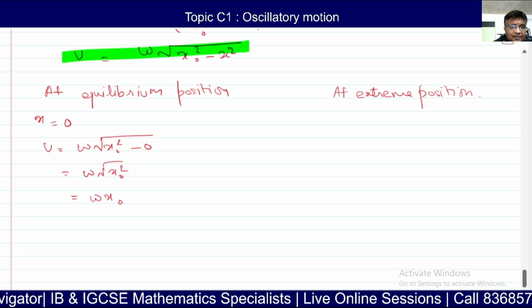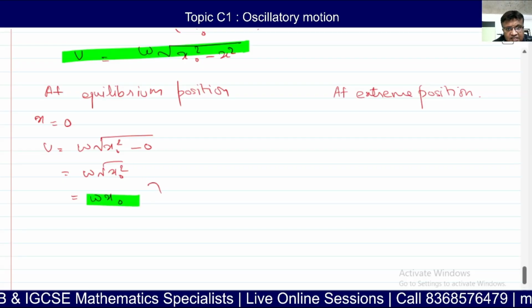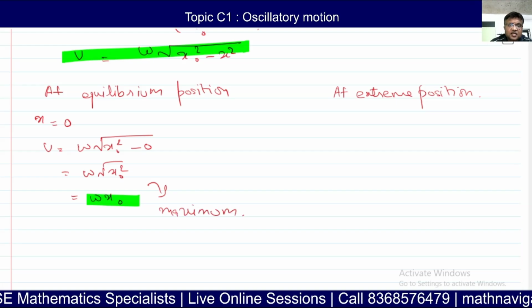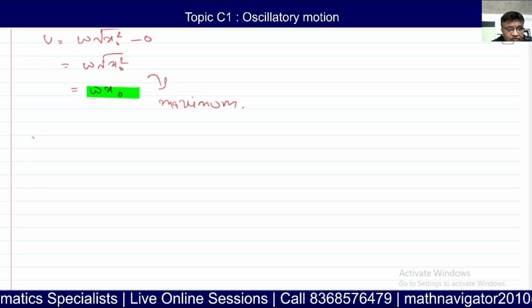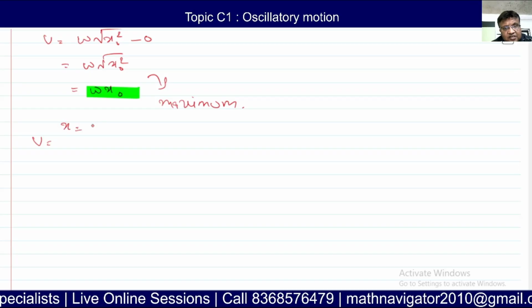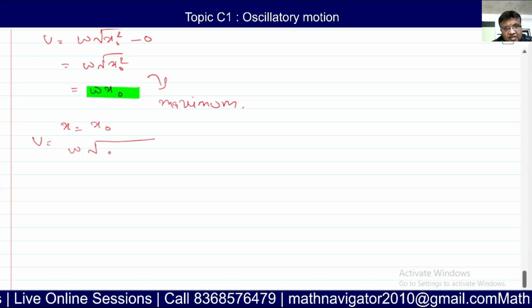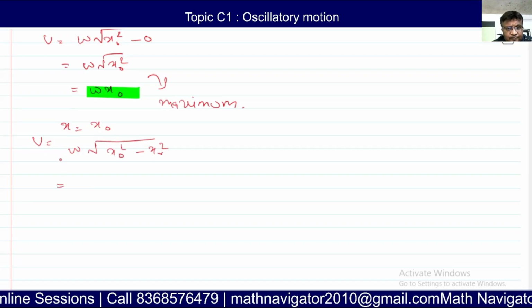I can say my velocity is maximum at equilibrium. Then what happens at the extreme position? At extreme position, x is equal to x naught. So v is equal to omega under root of x naught squared minus x naught squared, which is 0.